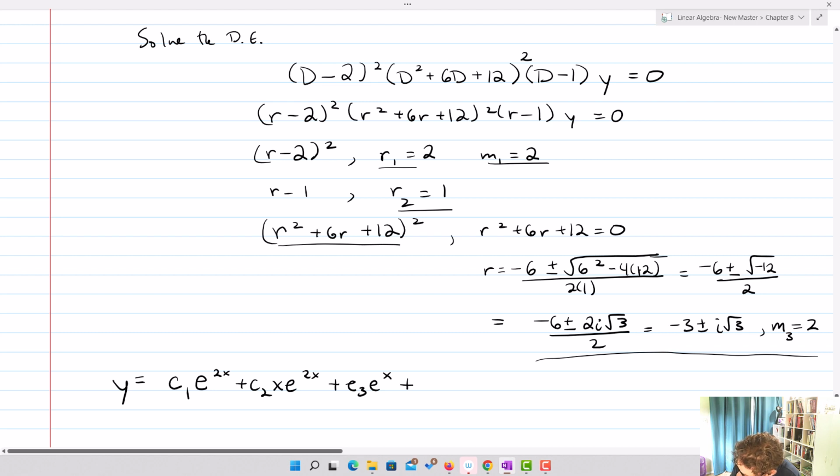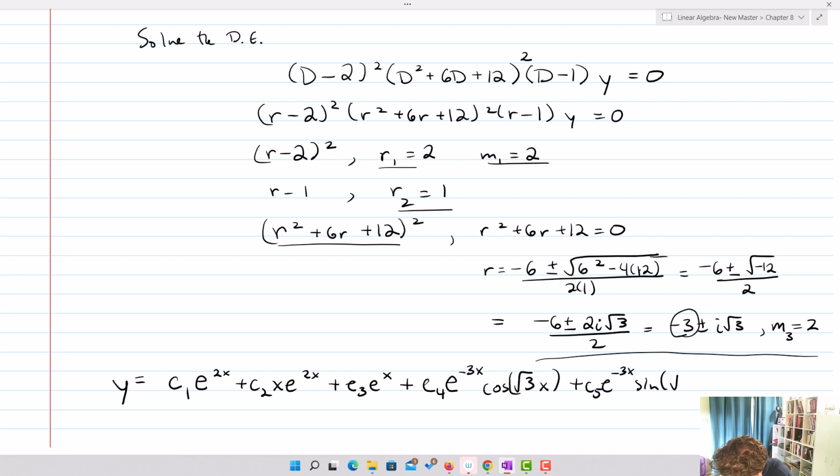Plus, now we're going to have C4. We're going to notice that the real part is negative 3. So it's going to be C4 e to the negative 3x cosine root 3x plus C5 e to the negative 3x sine root 3x.